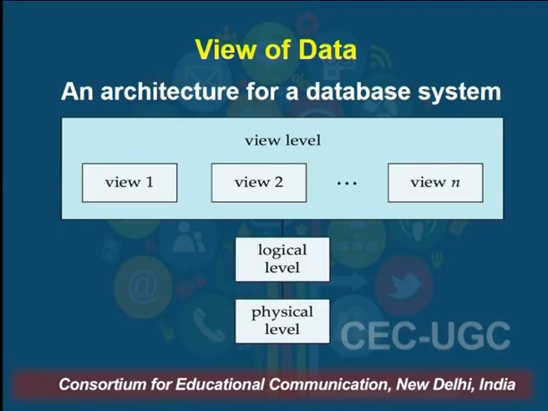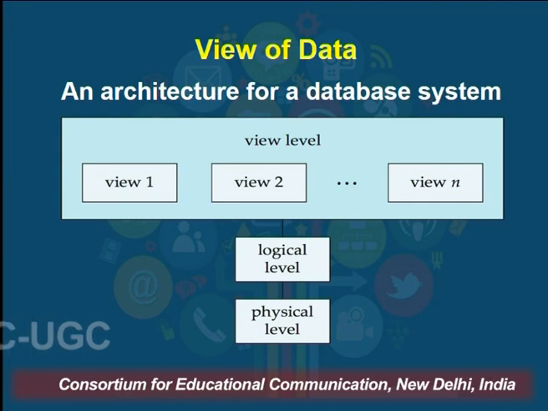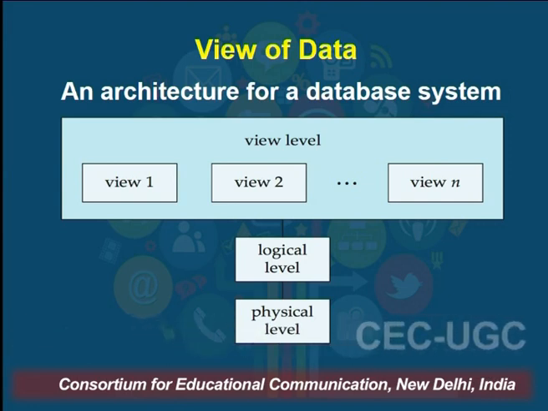If we look at the hierarchical levels of these views of data, the figure is available on the screen. This is an architecture for a database system. At the view level it can have various views, from view 1 to view n. Below the view level we have the logical level, and the physical level is the bottommost level.